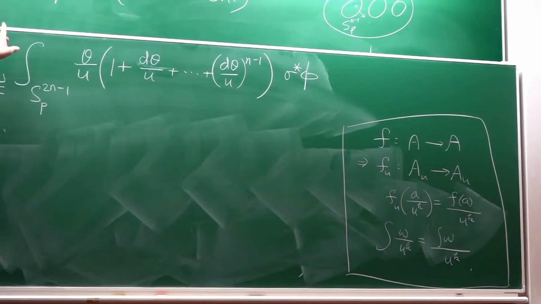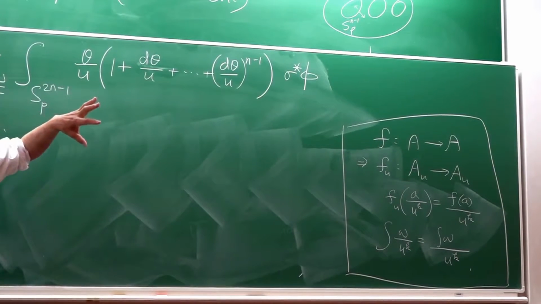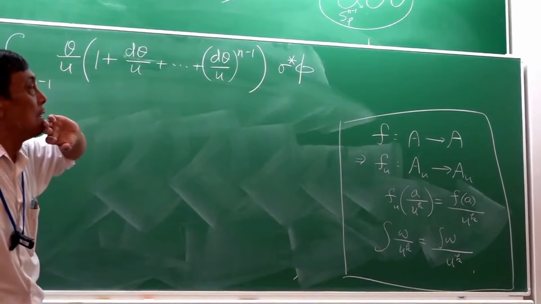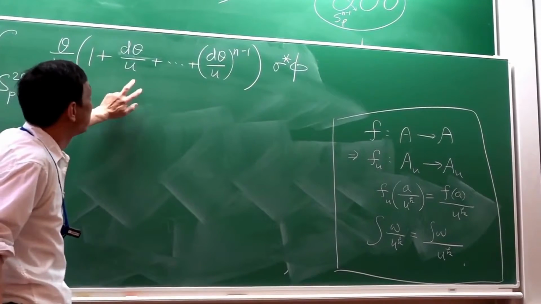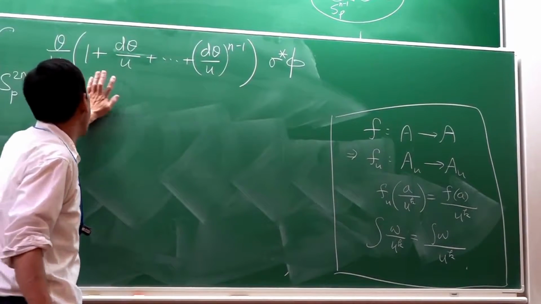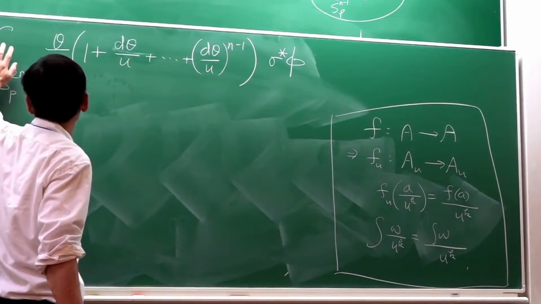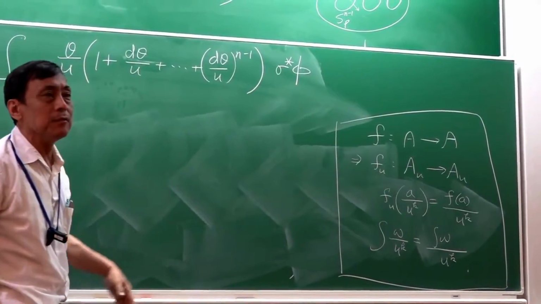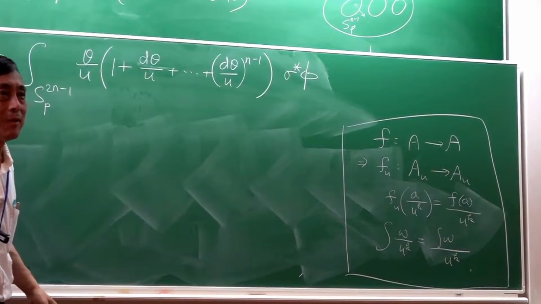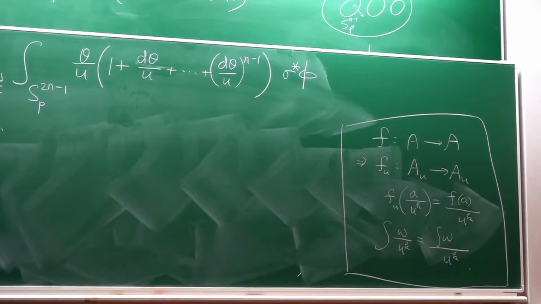So this k is actually defined on the localized Cartan model, and when you integrate, you don't do anything to the u. It just comes out, whether it's upstairs or downstairs.